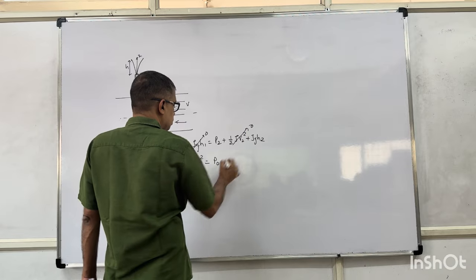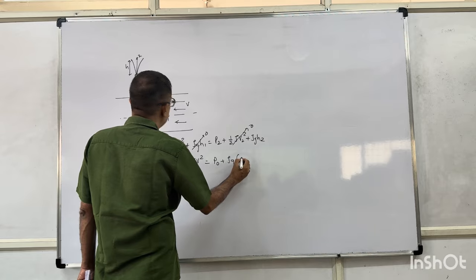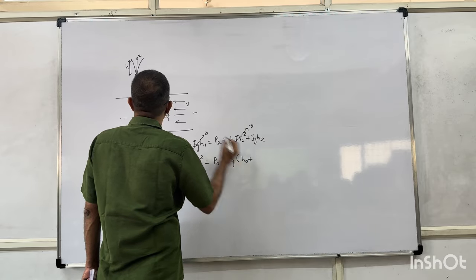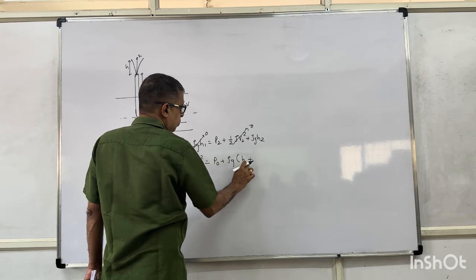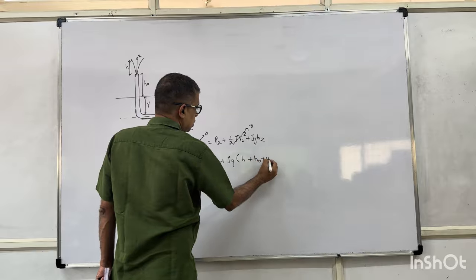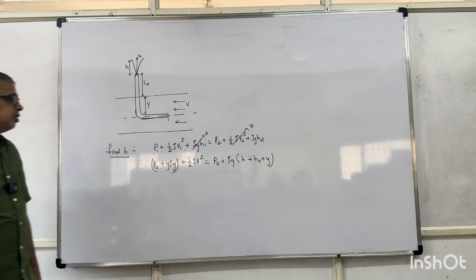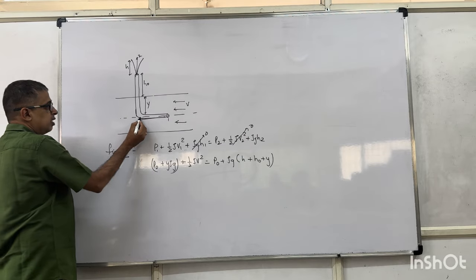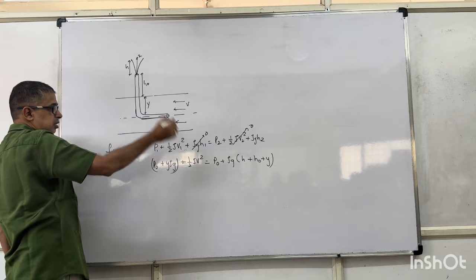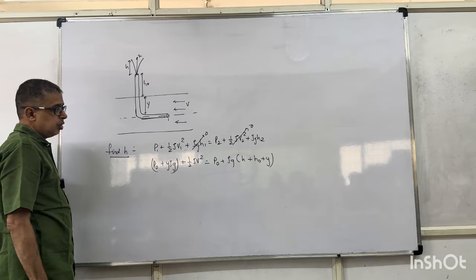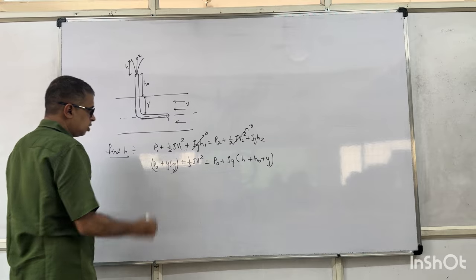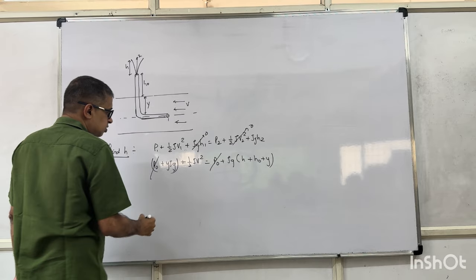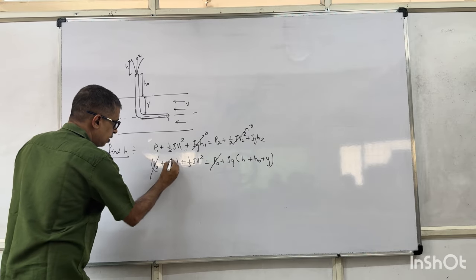Velocity will be 0. Rho g times h plus h naught plus y. See if you are convinced. If you are taking this as the reference line, potential energy here will be rho g times h plus h naught plus y. P naught gets cancelled, right?